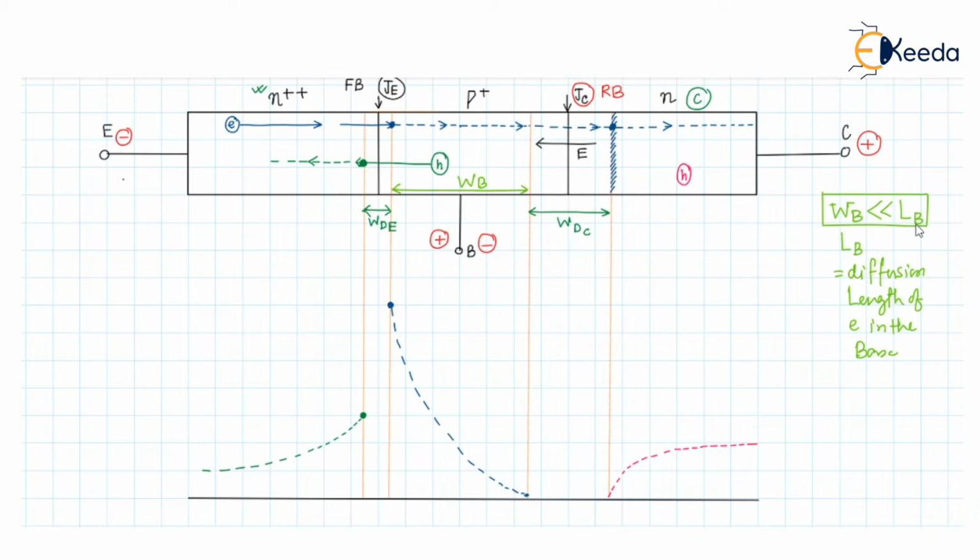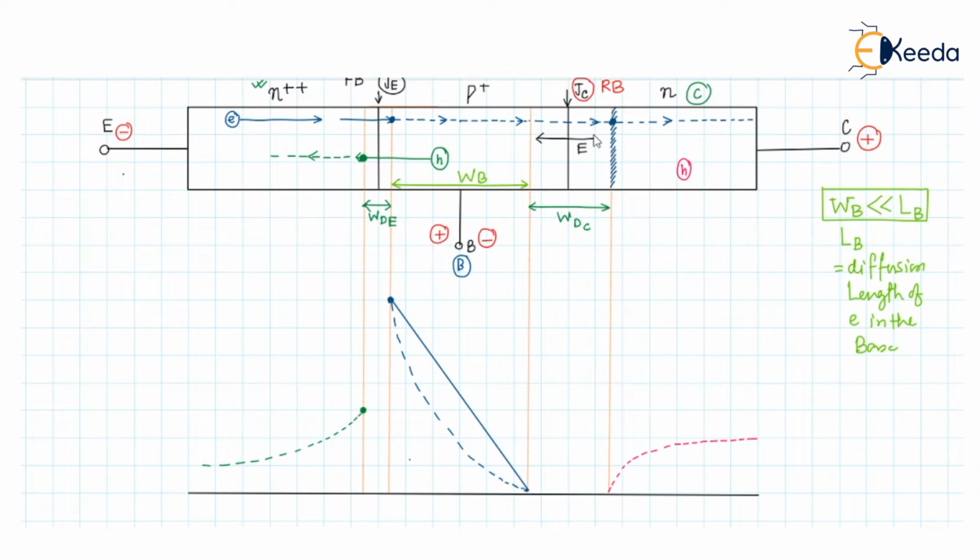Now, originally the minority carrier concentration profile within the base region has an exponential plot like this, but to make the calculation simpler, we will assume that the concentration decays linearly like this. Now let us see the current direction.